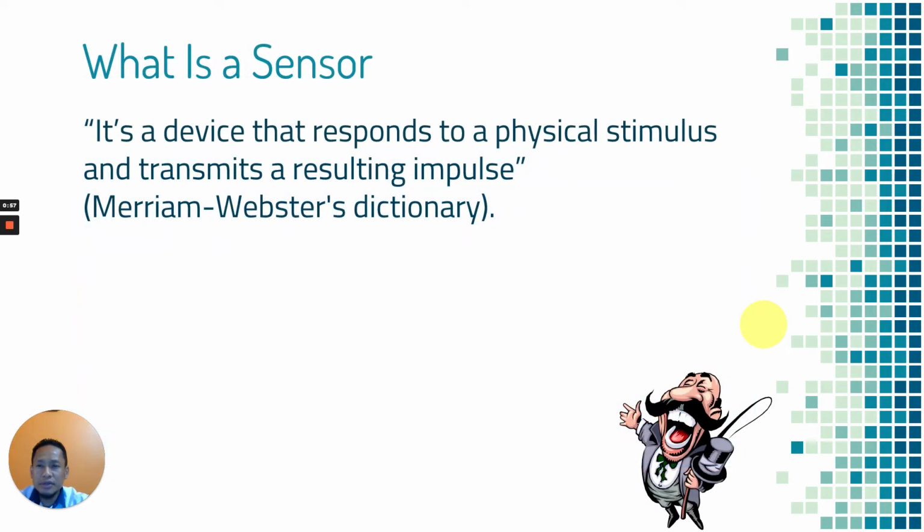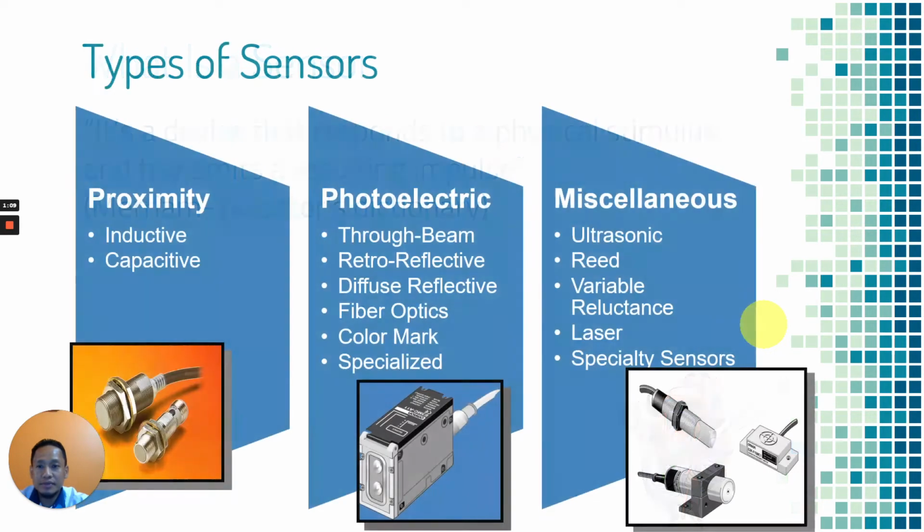The first, what is a sensor? A sensor is a device that responds to a physical stimulus and transmits a resulting impulse. These are the types of sensor: proximity sensor, photoelectric sensor, and miscellaneous.